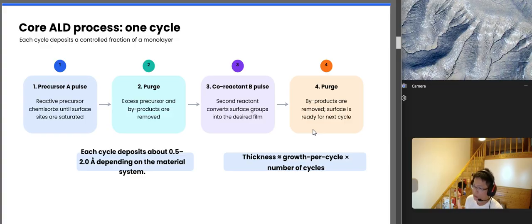So that is one cycle. We repeat many cycles until the thickness we decided is achieved. One cycle only deposits about 0.5 to 2 Angstroms, depending on the materials system.